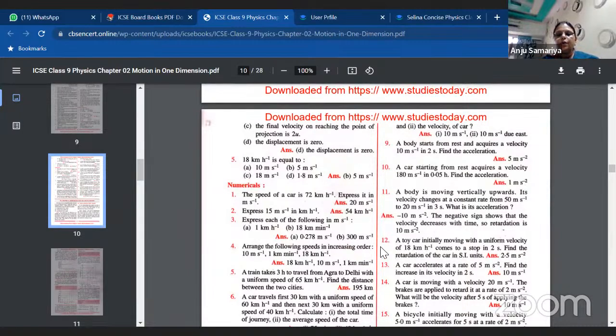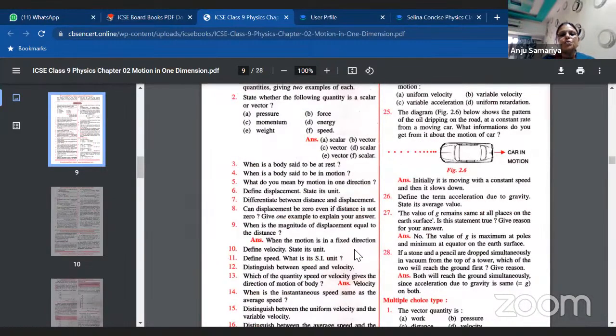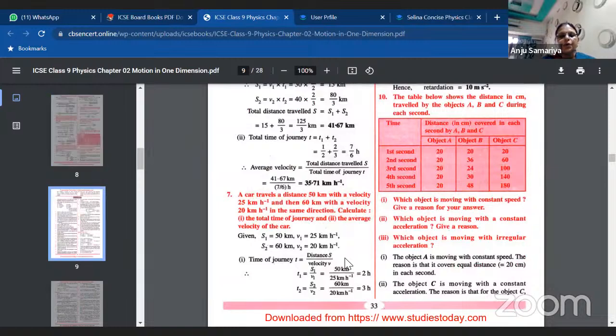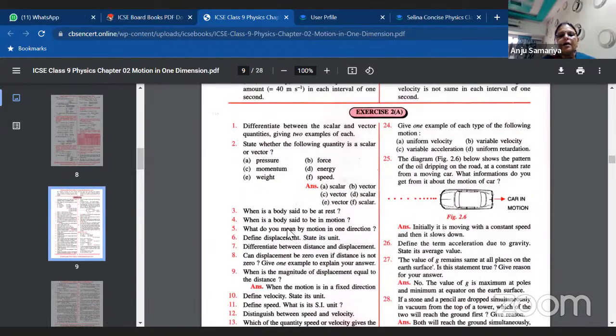Okay. So today you complete this. And just let us go through the question answers also. The objective ones, you can even mark them in the book itself. The subjective ones, like when is the body said to be at rest, all these definitions are already with you in the PDF as well.